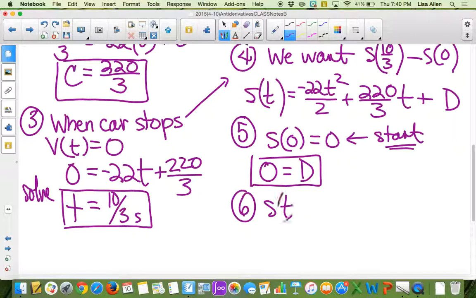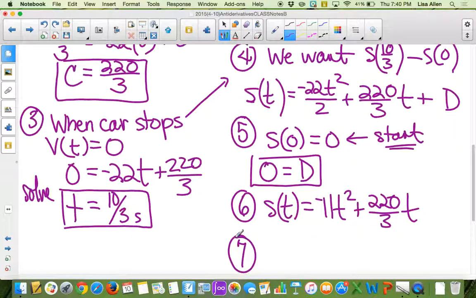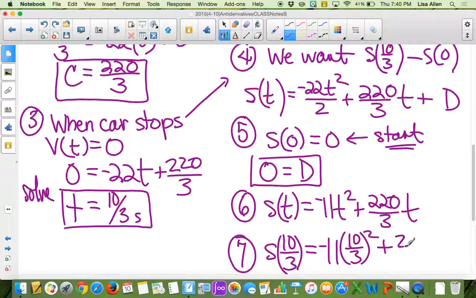So we know S of t is equal to negative 11, I'm just going to simplify that first term, t squared plus 220 over 3t. That's our function. So for lucky number 7, we are going to find S of 10 thirds. So it's negative 11 times 10 thirds squared. What if I said no calculators?